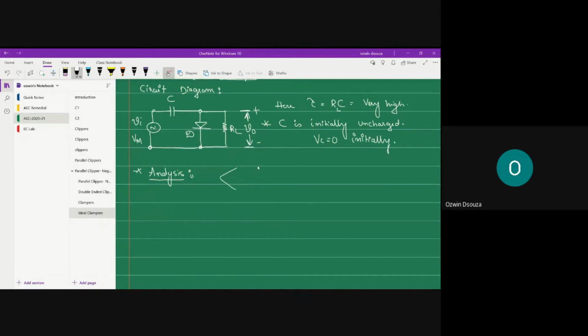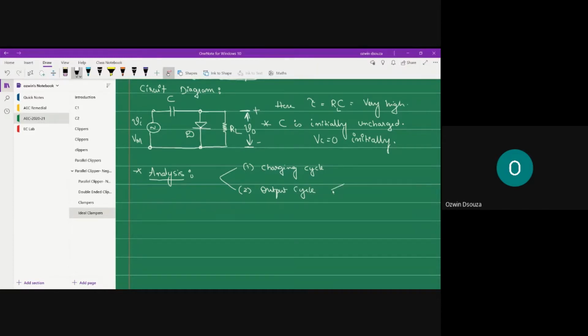Firstly, you need to find out the charging voltage on the capacitor. So you should write charging cycle. First is the charging cycle. Once the capacitor is charged, then you can go for the output cycle.